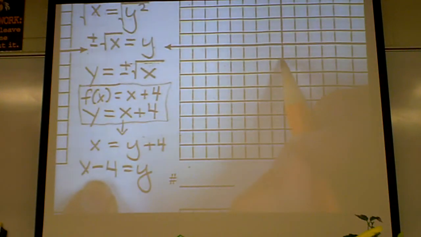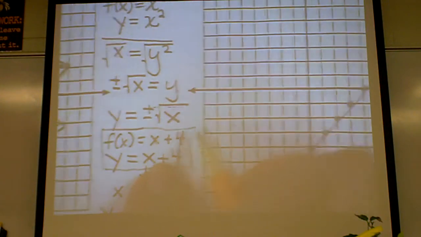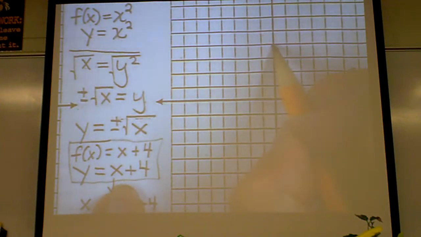Now, imagine graphing this. We can graph this, right? Check this out. This is the inverse of the line y equals x plus 4, which is right here.